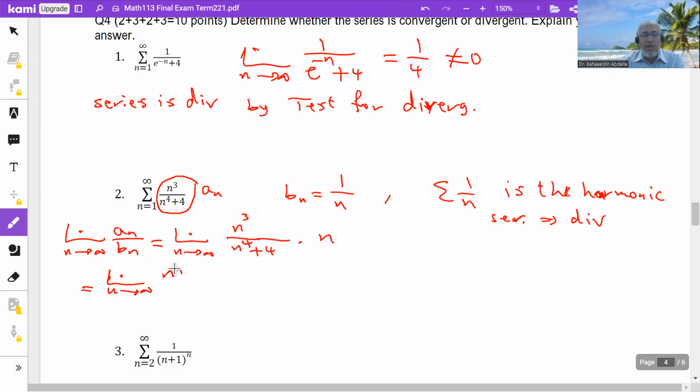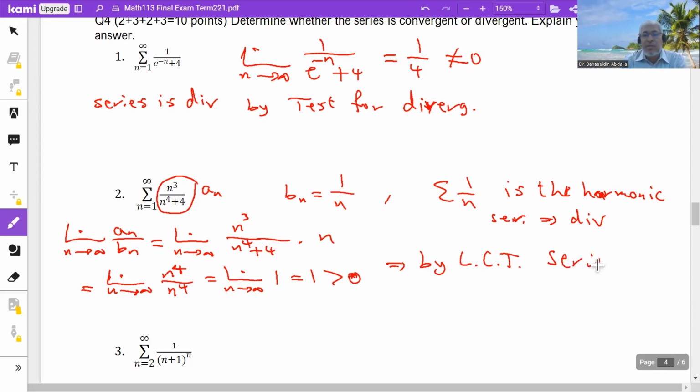The highest power would be n to the power 4 up and n to the power 4 down. When you cancel, you will get 1. And now, what is the limit of 1? It is 1, and it's greater than 0. So, by the limit comparison test, the series diverges, or the series is divergent.